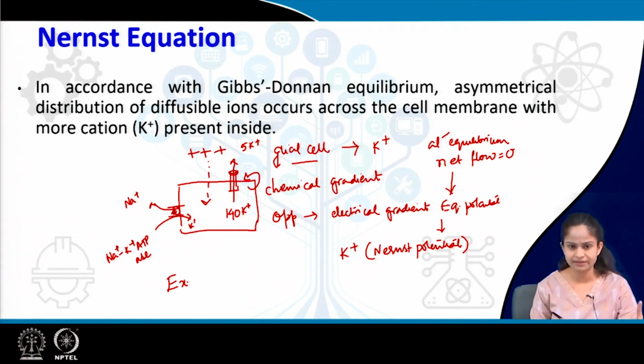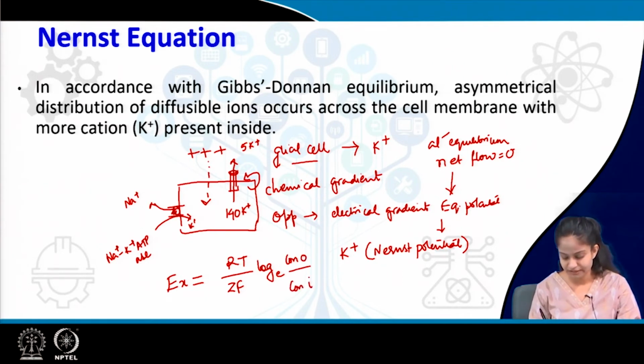At one time you can only calculate one ion. It states E, that is the potential difference, is equal to RT by ZF log e of the concentration of the ion outside by the concentration of the ion inside.